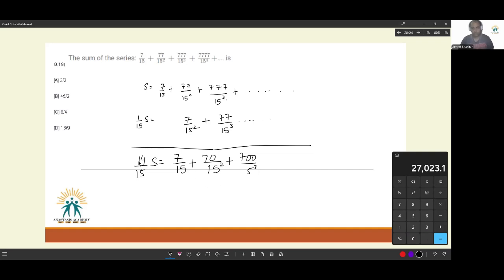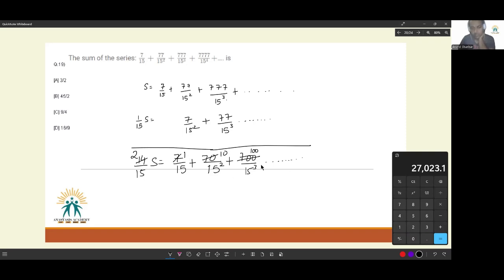I can get rid of 7 from the numerator everywhere. This becomes 2, this becomes 1, this becomes 10, this becomes 100. So we have 1 by 15, 10 by 15 square, 100 by 15 cube.